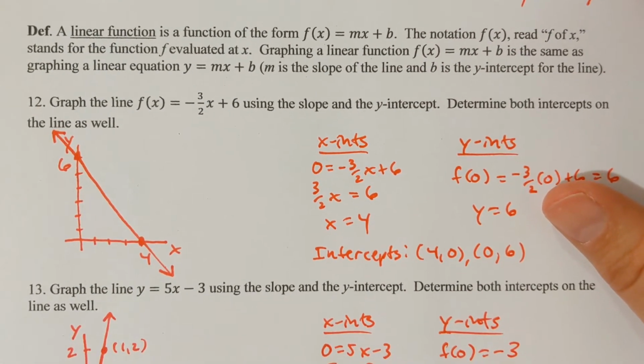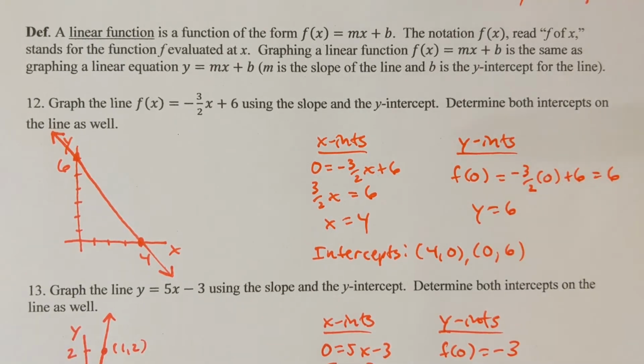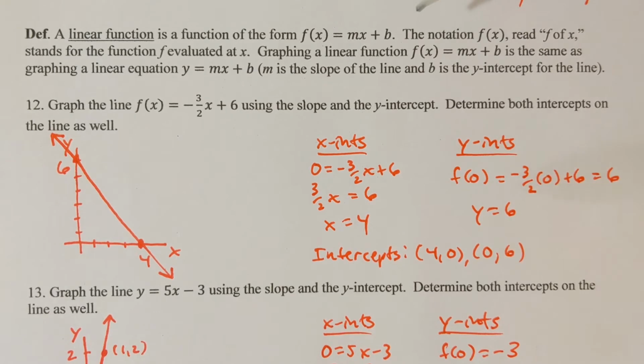Okay, now a linear function is a function of the form f(x) = mx + b. Okay, you've probably heard of y = mx + b, which is the slope-intercept form of an equation of a line. Y and f(x) mean the same thing. You're talking about what's coming out of the calculation.